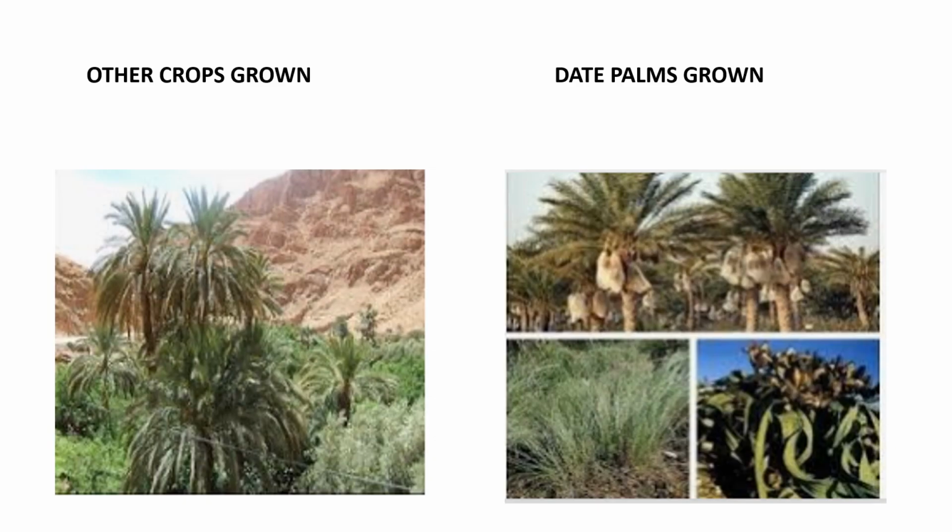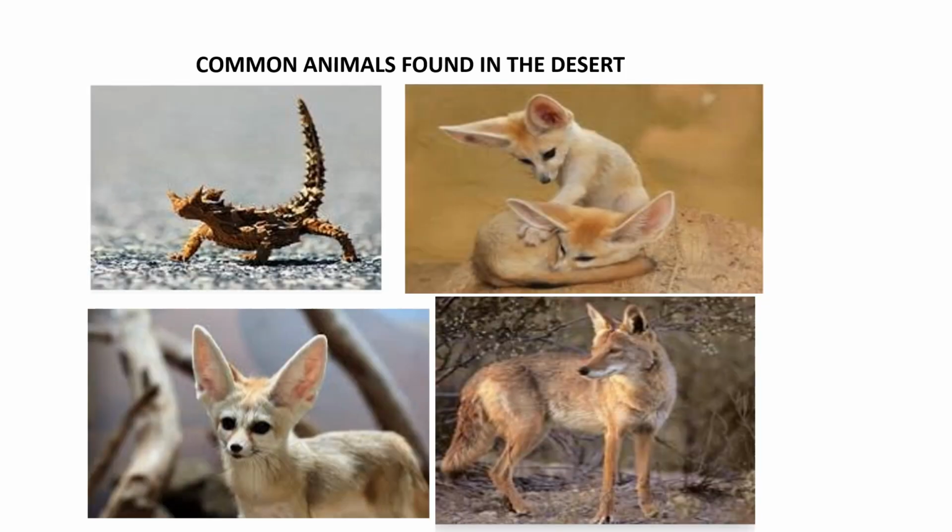This is the other type of crops which are grown here, and the date palms which are grown in this area. Some animals which are found are the foxes, the hyenas and the lizards. So this is all about the tropical deserts of the world.